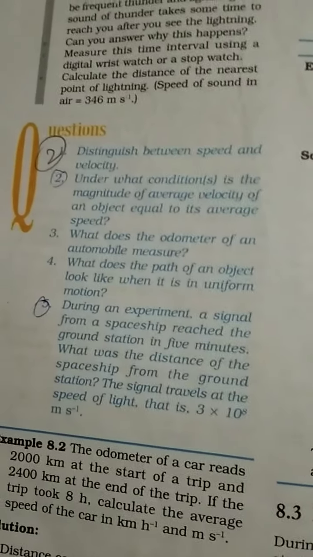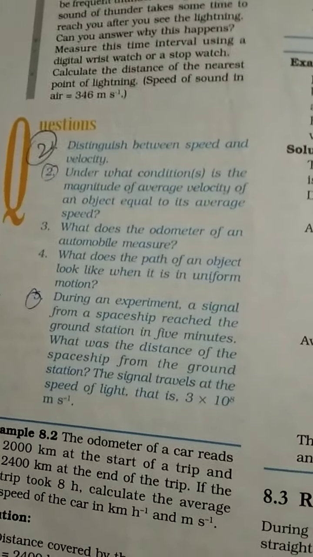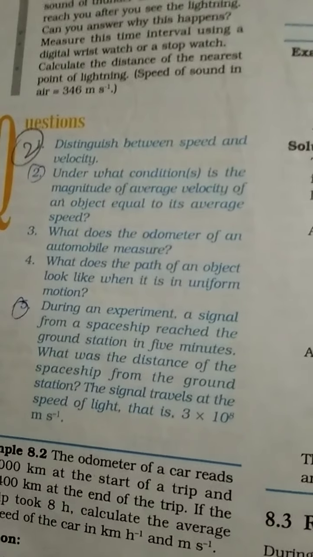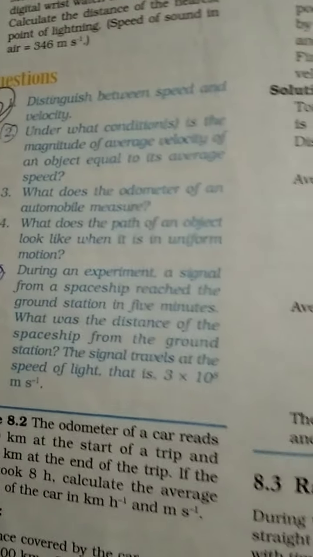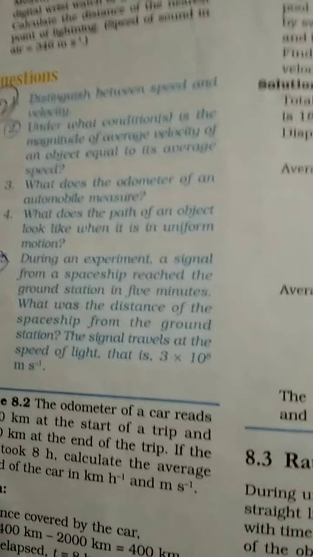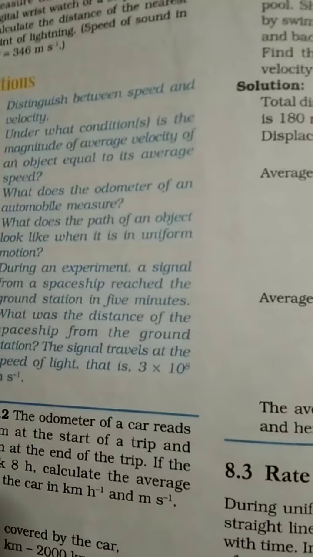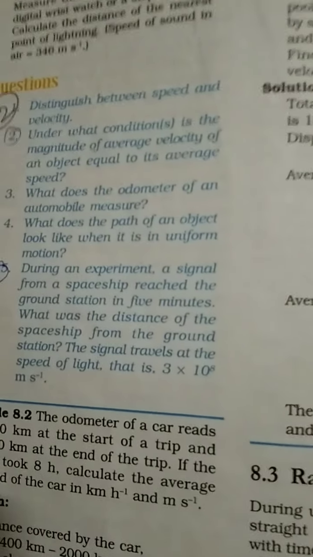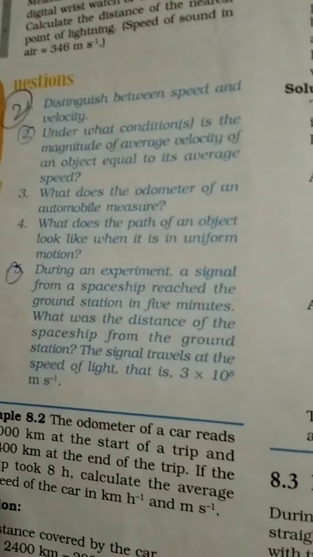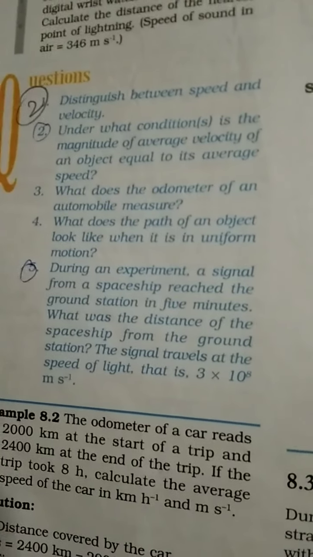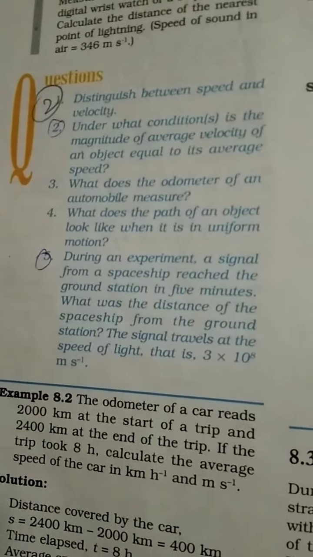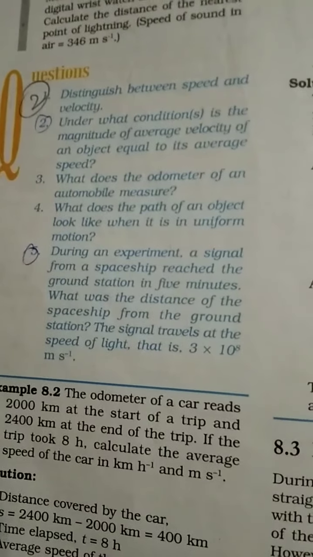Velocity and speed may be equal when an object moves in one direction only, in a straight line. Then average speed and average velocity will be equal. What does odometer measure? You should find, already I have told you. What does the path of an object look like when it is in uniform motion? Straight. Answer will be straight.